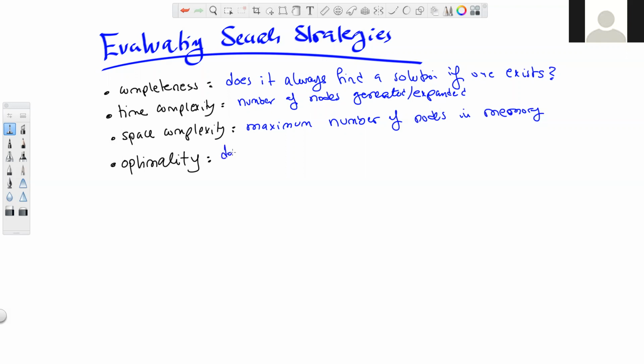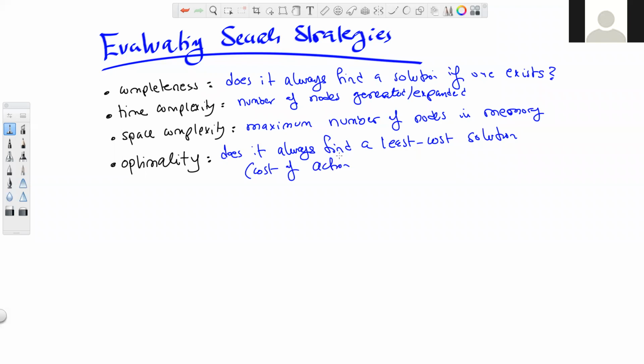So this basically means, does it always find a least cost solution? There may be multiple least cost solutions, so a least cost solution. I hope this is clear now. Optimality is, does it always find a least cost solution? And by the way, for today's discussion, the cost of an action is 1.